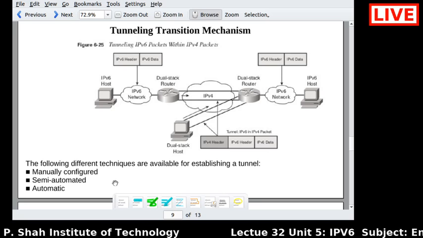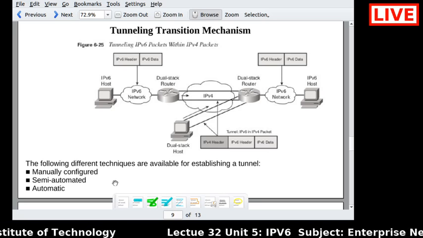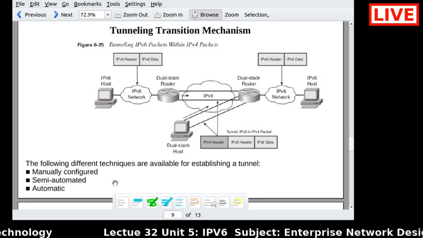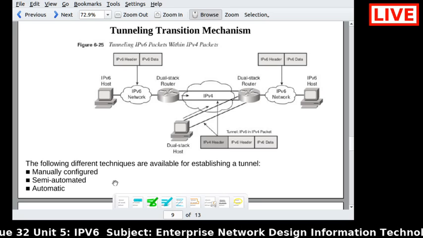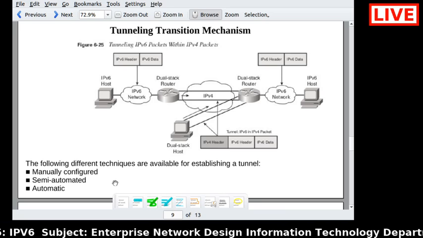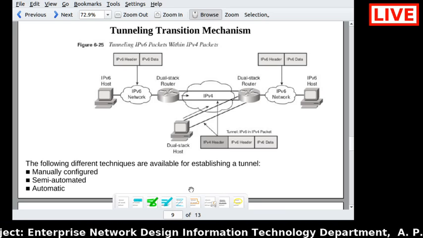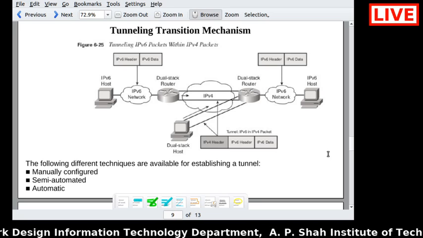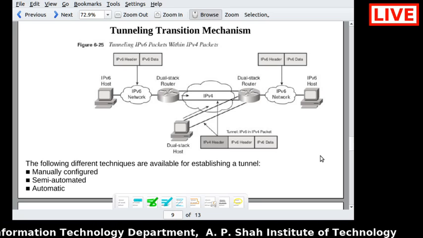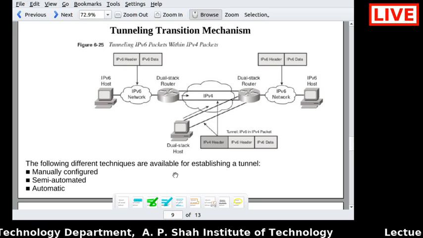It does not have good scaling properties. So just for testing purposes we are going to use this automatic configuration part with respect to tunneling, right.